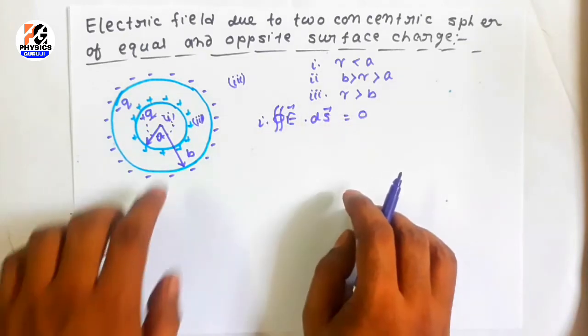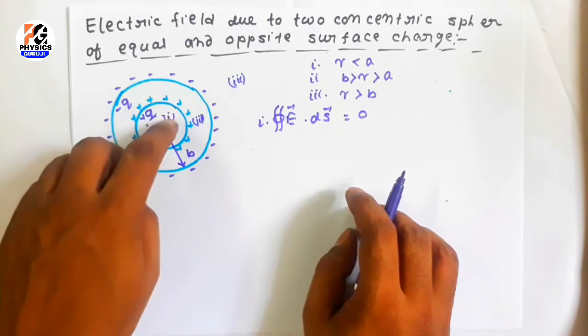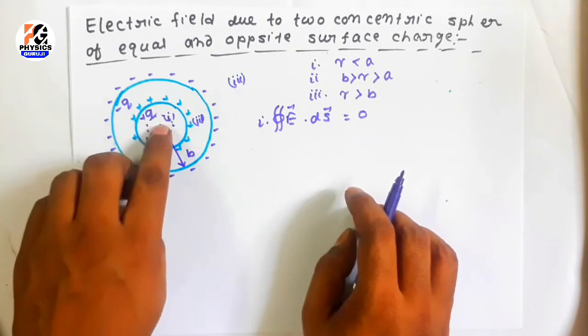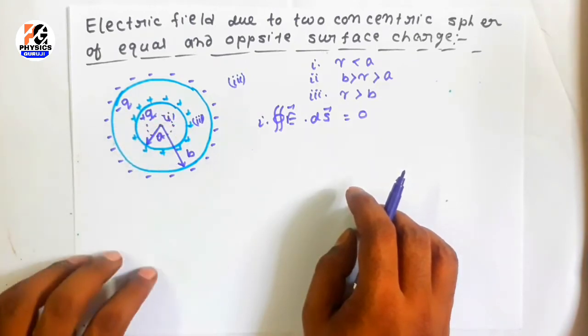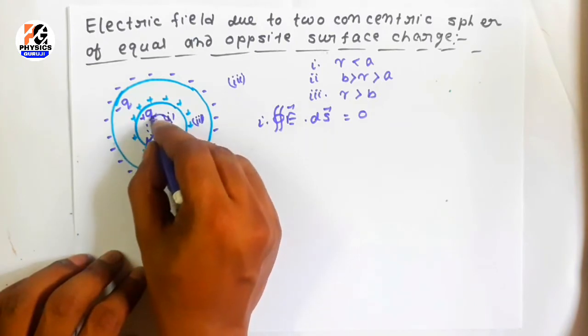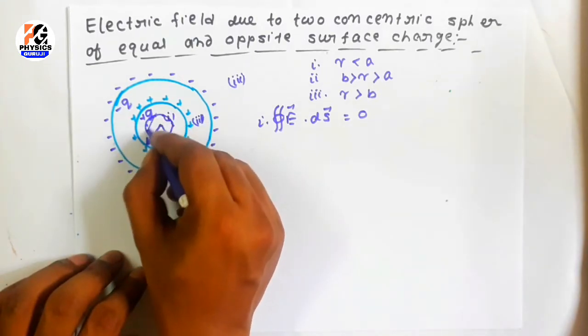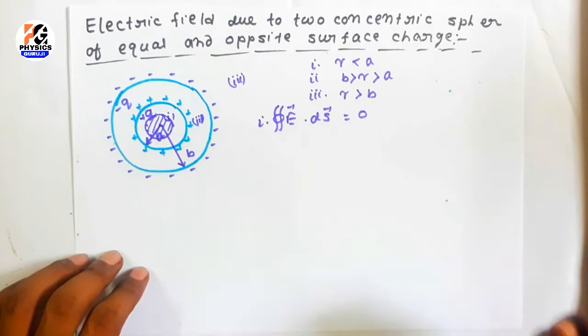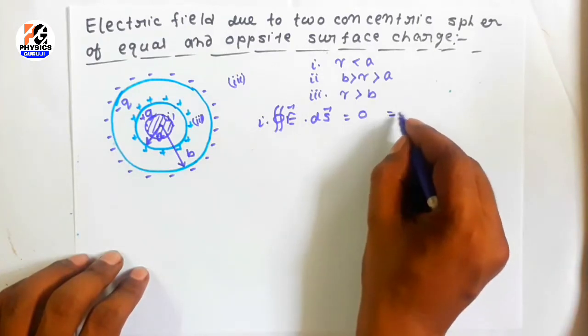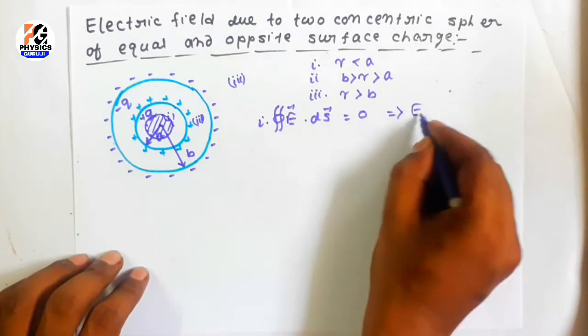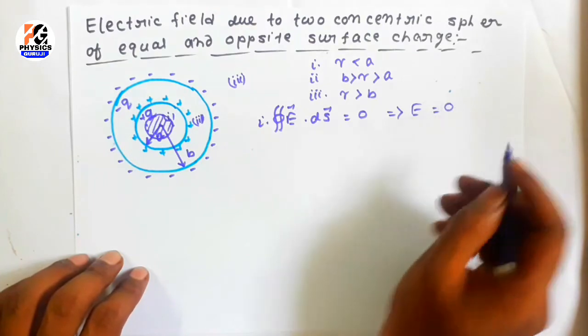Why 0? Because inside the inner sphere there is no charge enclosed inside the Gaussian surface, zero charge. So the electric field inside is equal to 0.